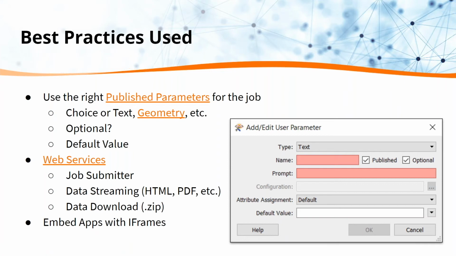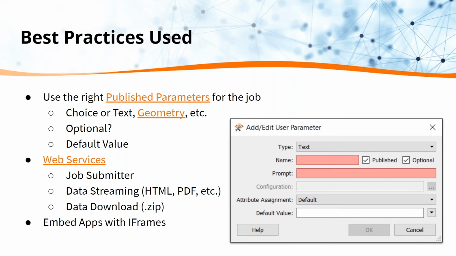So on top of that, web services. These are really good too. These provide just different ways to handle the output that's created by these workspaces. So something like the job submitter will let you run the workspace as is if you're updating things in a database and that kind of thing, and you don't need to return any output back to the user. That's a good one to use. And the data streaming and data download. Data streaming will let you stream the output file directly back to the client that's requesting it.